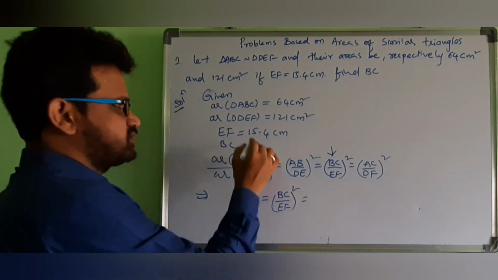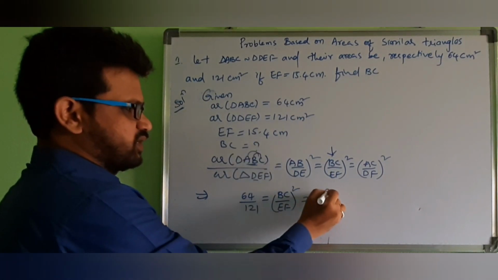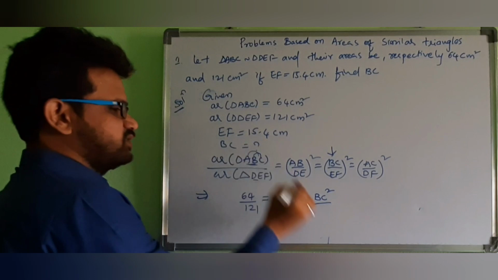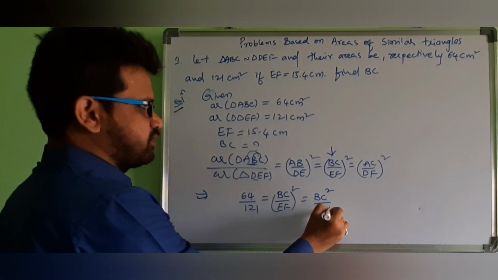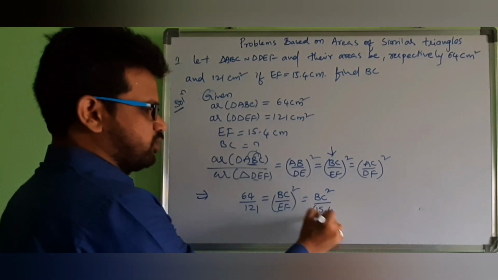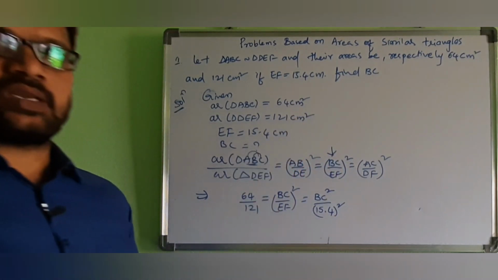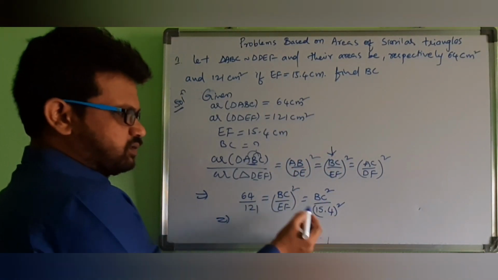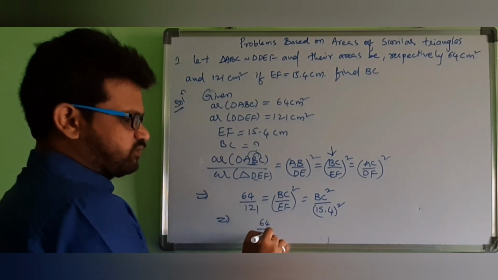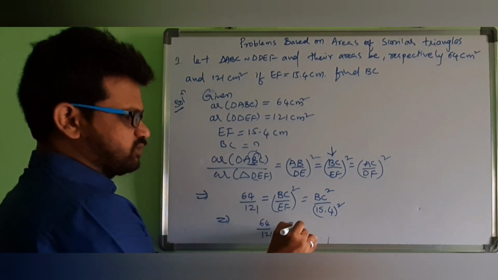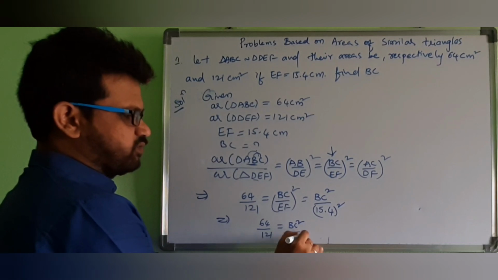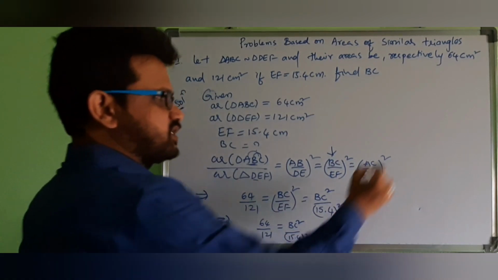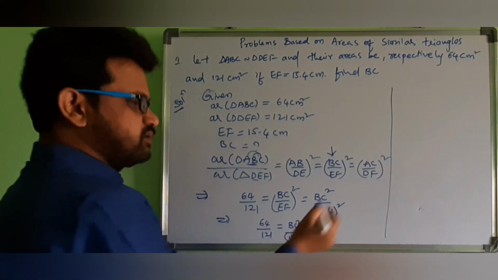BC is how much? We don't know. So BC square by EF, which is 15.4, whole square. So 64 by 121 is equal to BC square by 15.4 whole square. Take the square root on both sides.